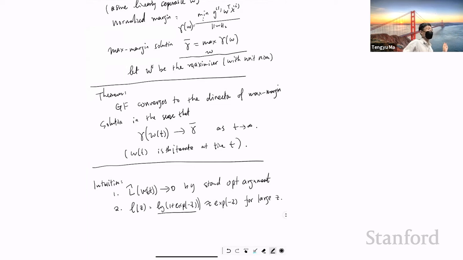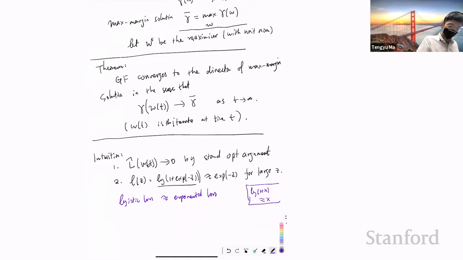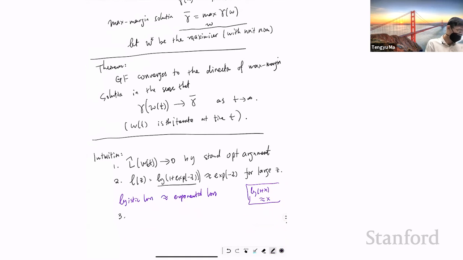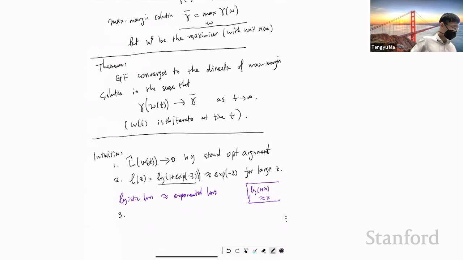That's why you can get rid of the log and the 1. And this is an interesting thing: you call it logistic loss, but actually it's close to exponential loss. In the proof, I'm going to just assume it's exponential, even though these small differences can be dealt with relatively easily.